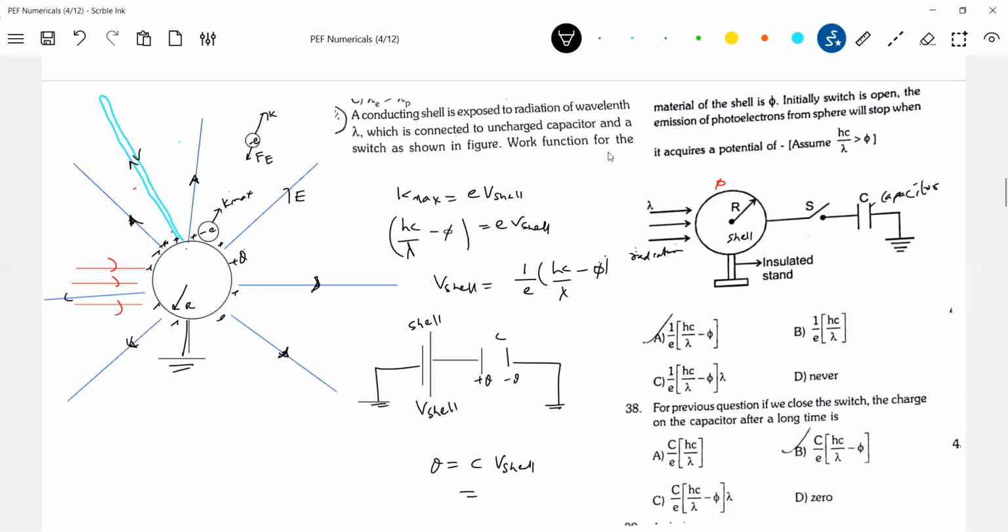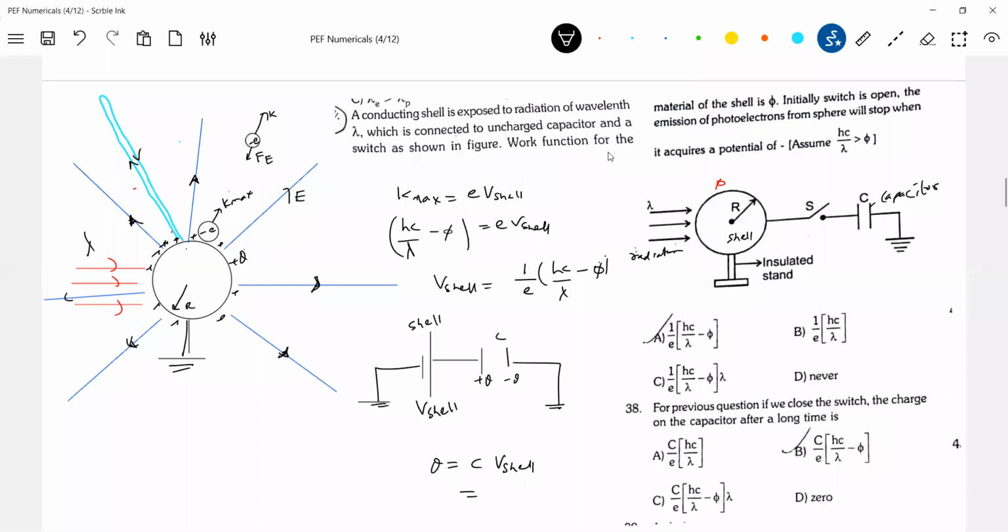The shell you treat like a source of EMF. Why put the source of EMF? To justify your answer: the incident photons strike the shell, and the photoelectrons are ejected but will not escape to infinity.